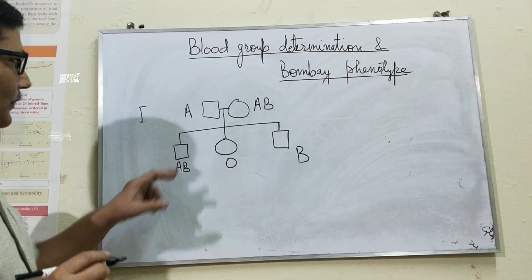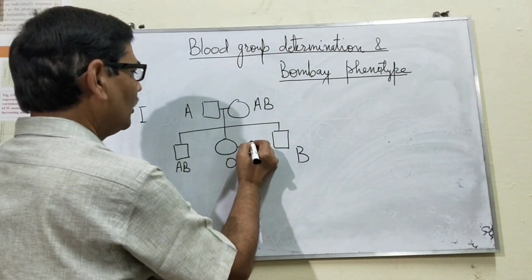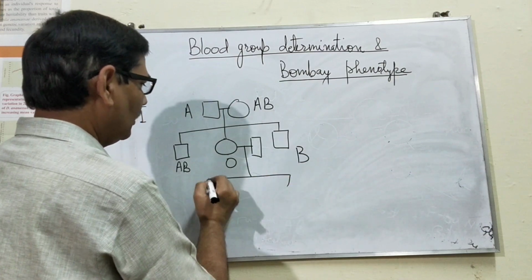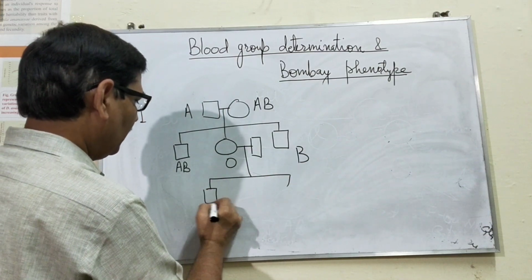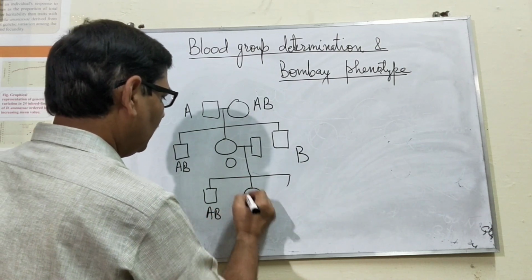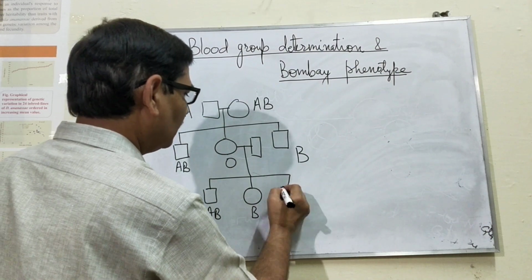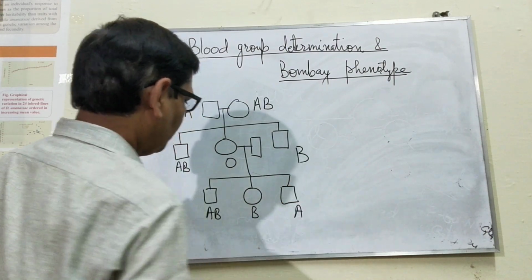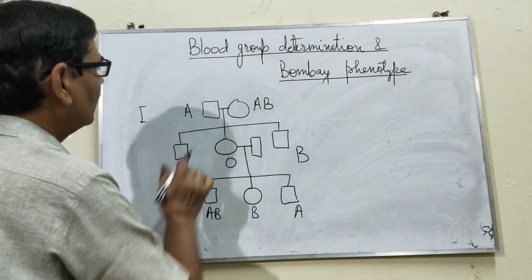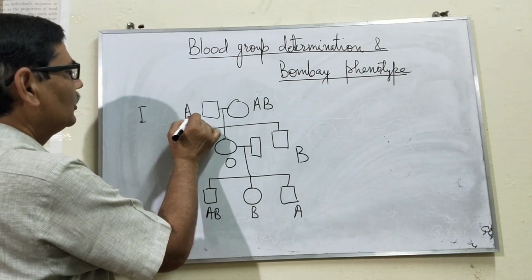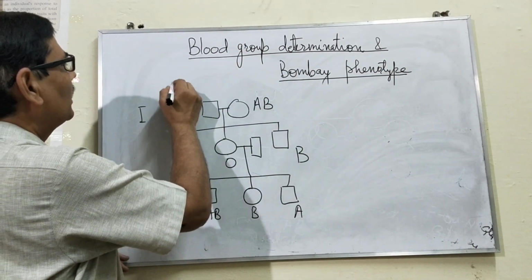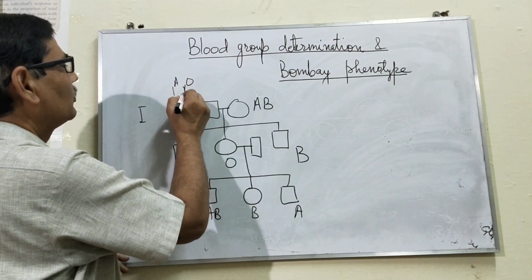What we can see here, she was married to a man, and then she had 3 children. One was of blood group AB, another was of blood group B, and then the third was of blood group A. If you see this family, what you can say is that if this individual is of blood group A, then his genotype could be IA IO, suppose heterozygous.